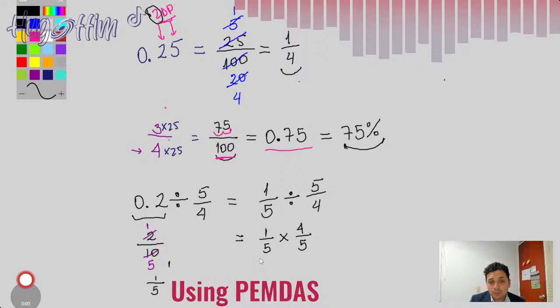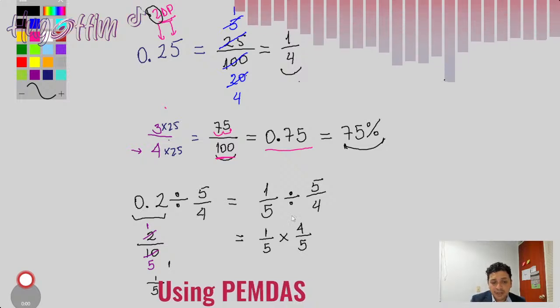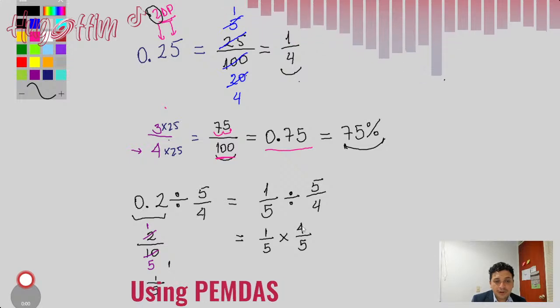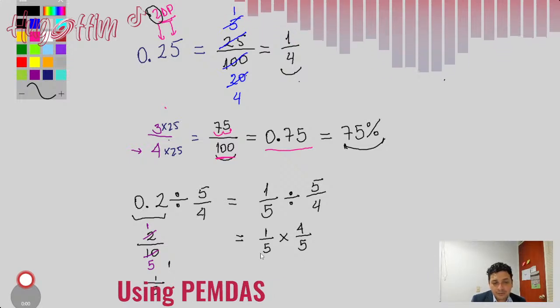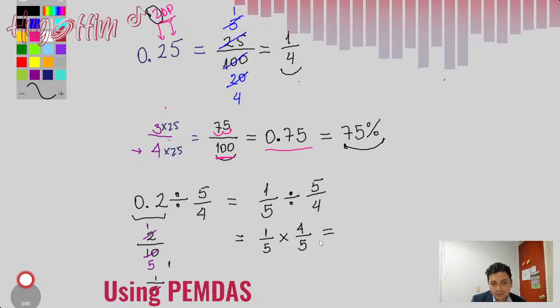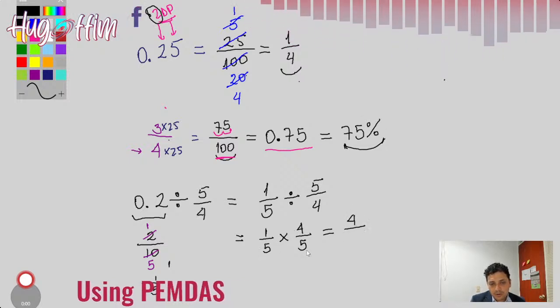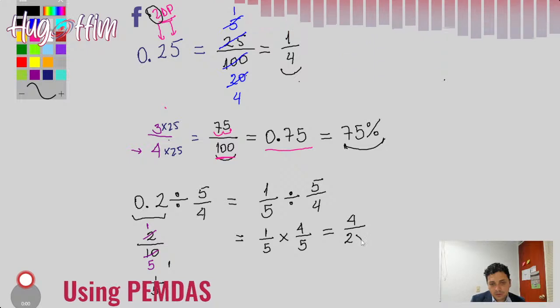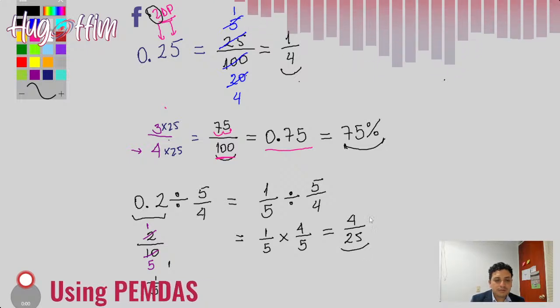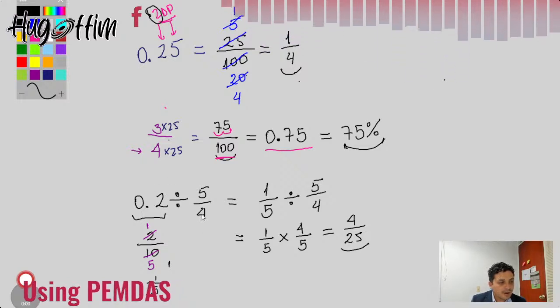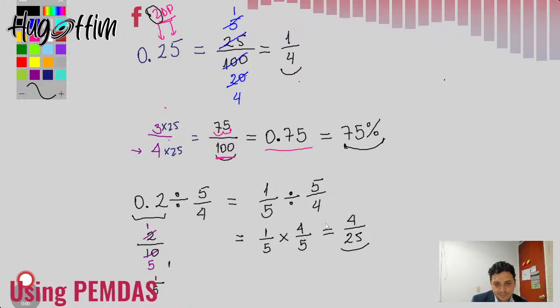Identify if you have common factors between numerators and denominators before you multiply. In this case, there are no common factors between 4 and 5 here, so I cannot do anything, just multiply. 4 times 1 is 4, 5 times 5 is 25. 4 over 25 is going to be the answer of 0.2 divided by 5 over 4.